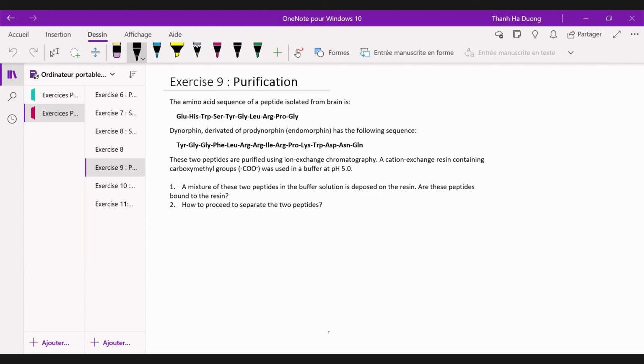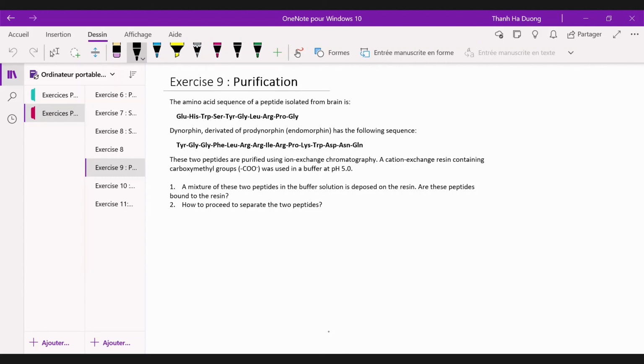So you have to tell me what is the charge of each peptide. It is positive, negative, or neutral. If it is positively charged, it means that the peptide stays in the resin, is bound to the resin. If it's neutral, this peptide will be eluted. And if it's negatively charged, also it will be eluted first. Okay?